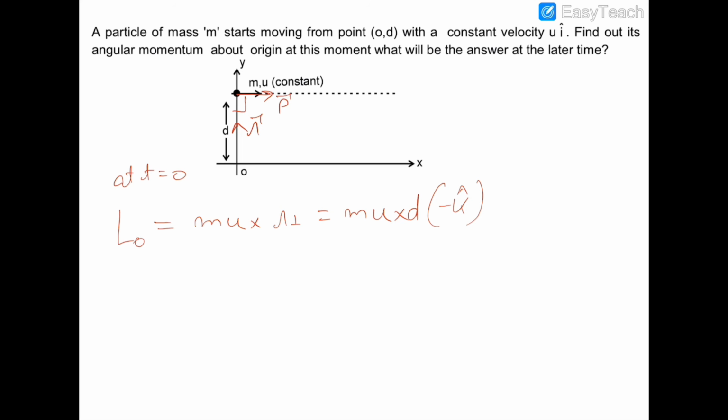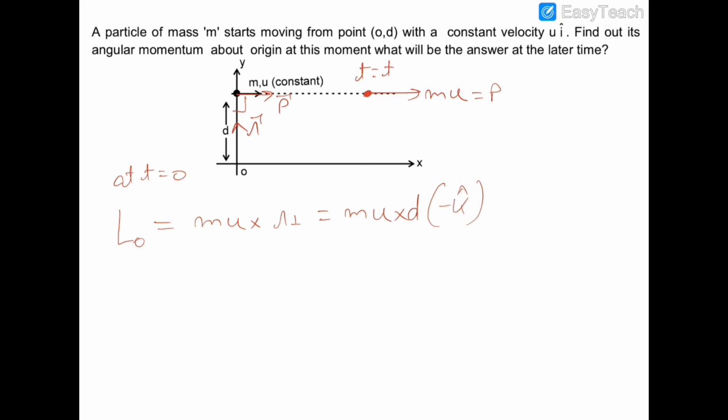Now at some later moment of time, when the particle is situated at this point, at t equal to t, the momentum is still mu, and if we extend the momentum vector and draw the perpendicular, the perpendicular distance would still be d.